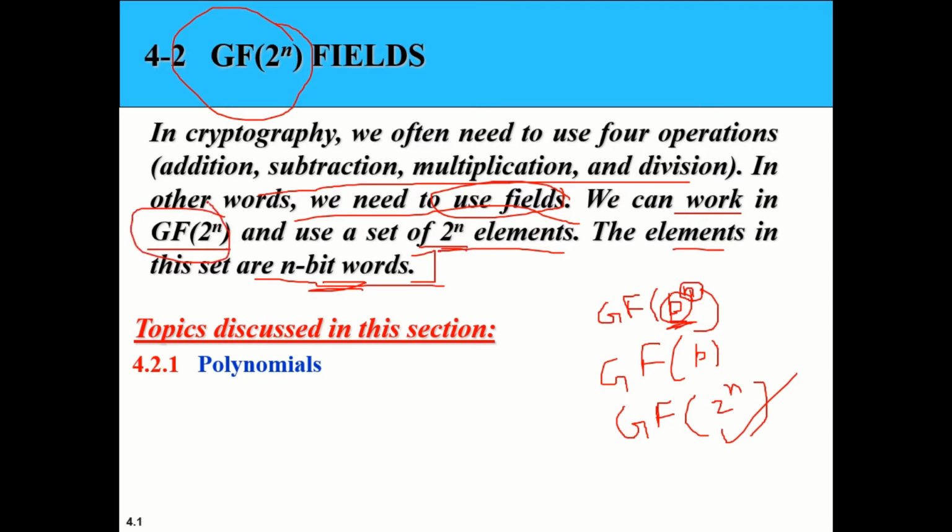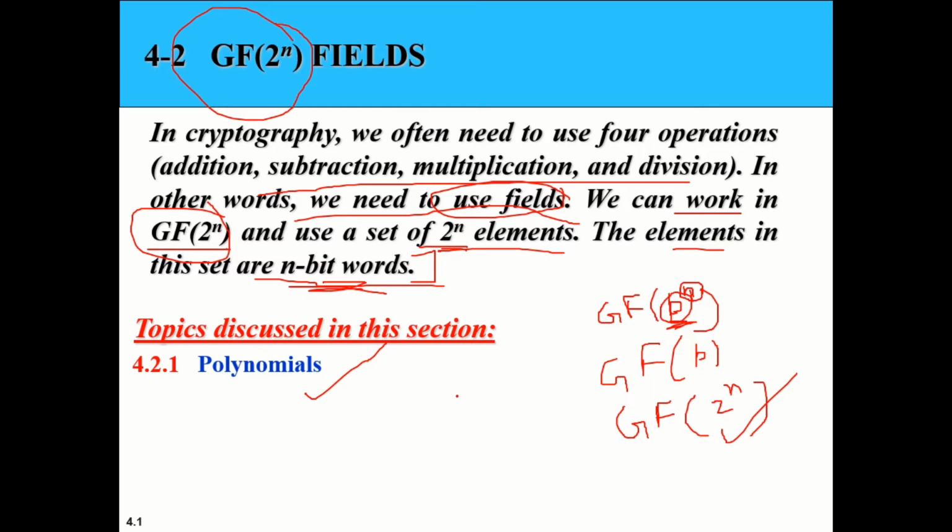Since we deal with these n-bit words, we make use of polynomials, which represent n-bit words. And how do we represent these polynomials? How do we perform operations using these polynomials? We'll discuss in later slides.